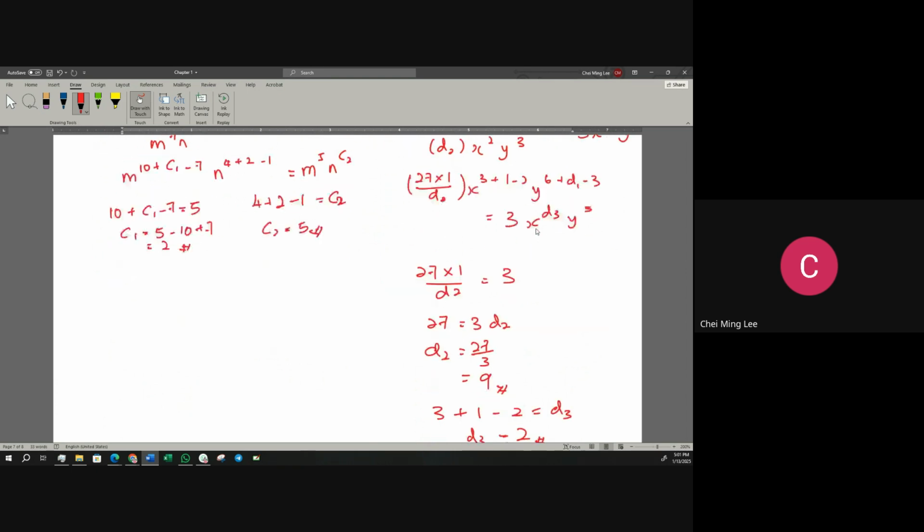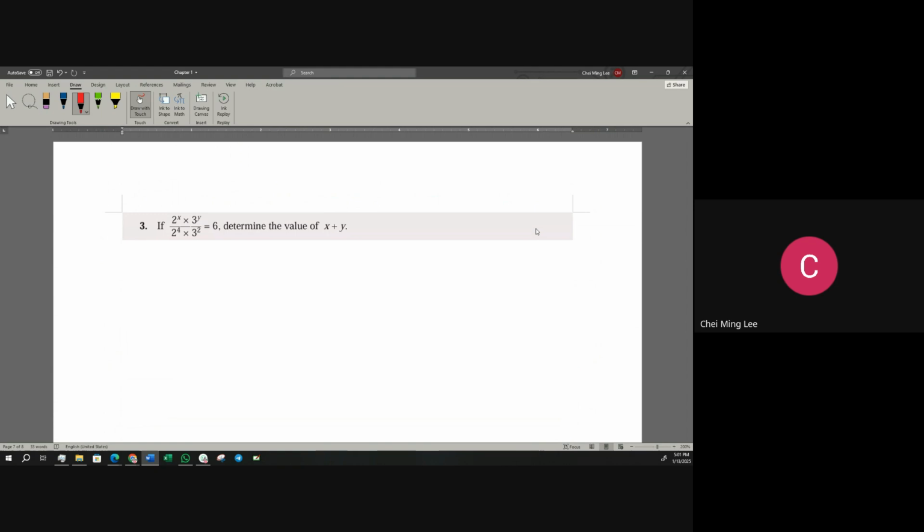Okay. Now let's see the last one. So he said this one to be equal to 6. So to determine the value of x plus y, you see 2 times 3. So we know that 2 power of x times 3 power of y over 2 power of 4 times 3 power of 2 equals to 6. So we can make it like 2 to the power of x minus 4, right?